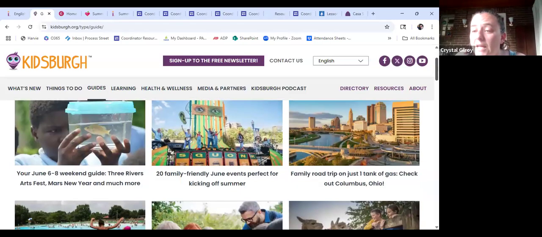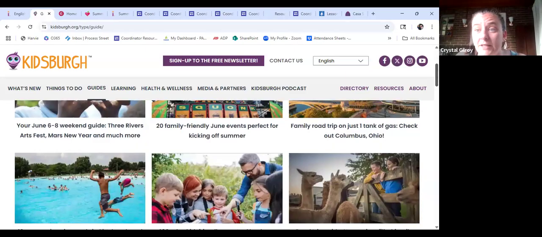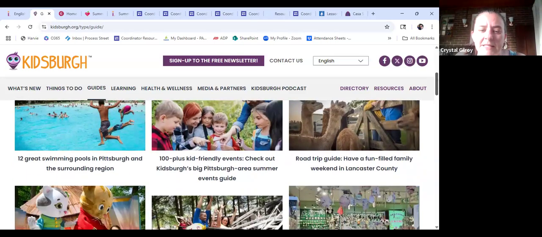I mostly am putting this out there now because it is summer and kids are out of school. You will see a lot of children in the libraries. The libraries also have great kids programming, but Kidsburg has a summer area events guide and a pools guide. Most of the Pittsburgh public pools are open for the summer. A couple are still closed for construction.